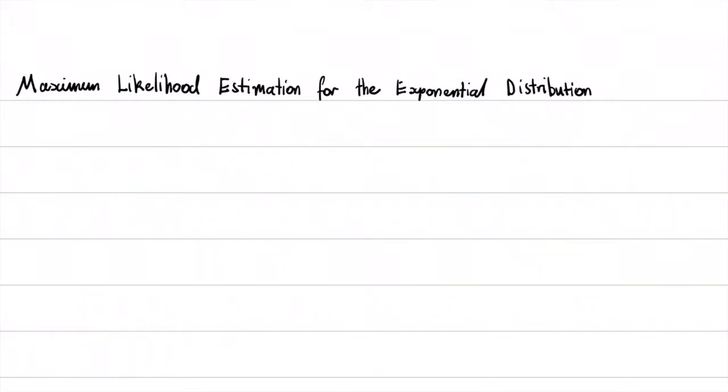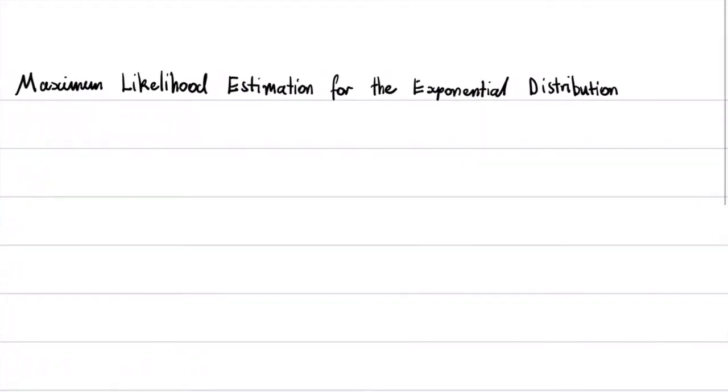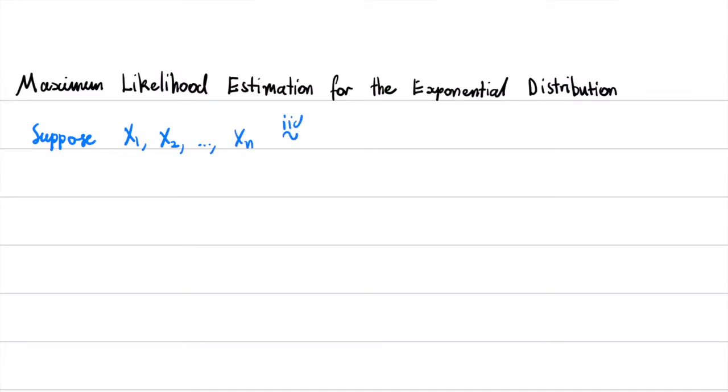Welcome. In this video, we're going to be looking at maximum likelihood estimation for the scale parameter of the exponential distribution. So we're going to begin by saying we have a series of independent exponentially distributed random variables, x1, x2, all the way up to xn, and we're going to say they're IID, or identically distributed and independent.